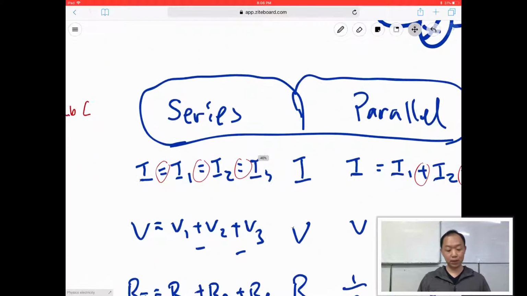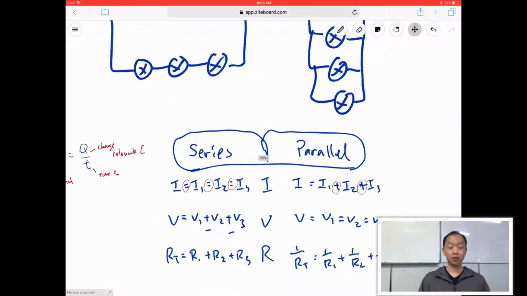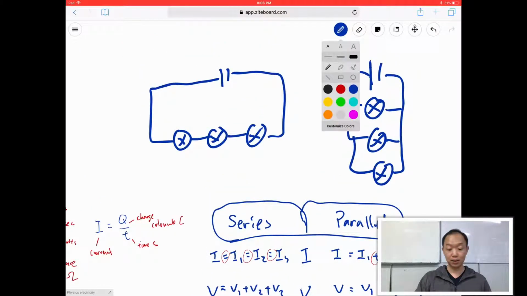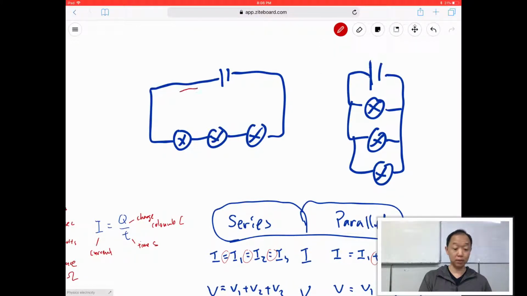What the formula tells me, I1 equals I2 equals I3, is that the current is the same throughout the whole thing. Because this is series, the current around is the same. Now where is I1, I2, I3? Let's say I put an ammeter here, let's call this I, and I put an ammeter here, I1, I2, I3.